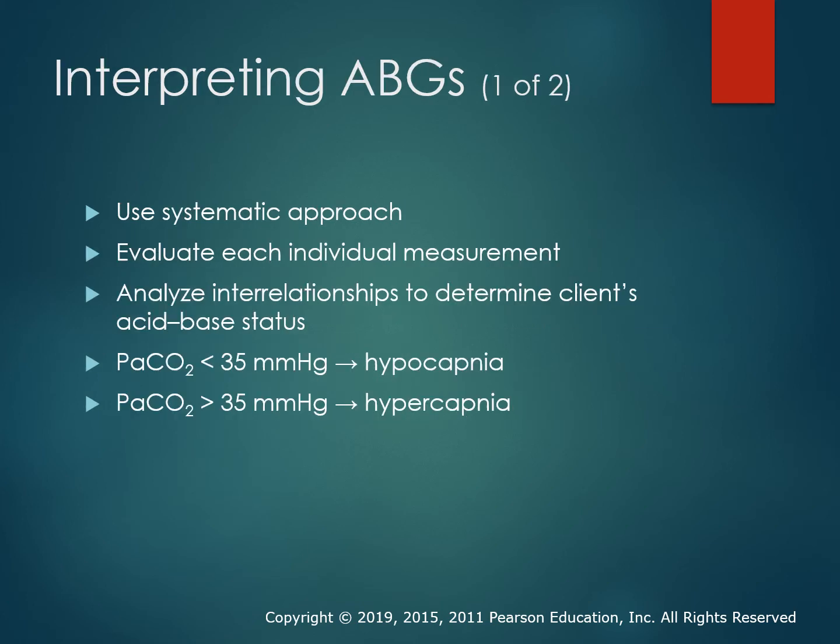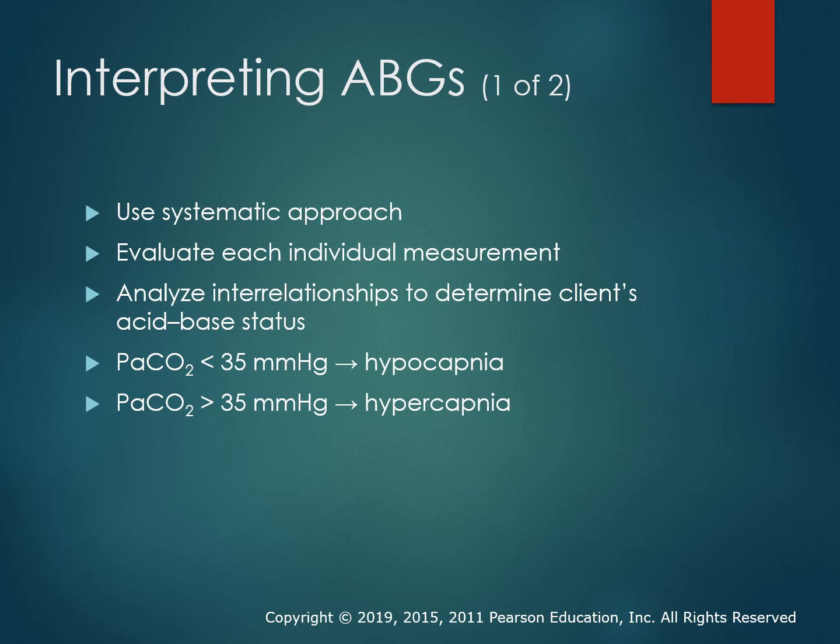So again, this text, if you just sit down and read it, is very clear. If you have a CO2 less than 35, you're hypocapnia, and CO2 greater than 35, you're hypercapnia. Those are just two terms that you need to know.